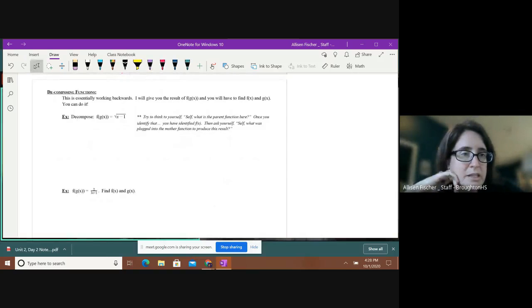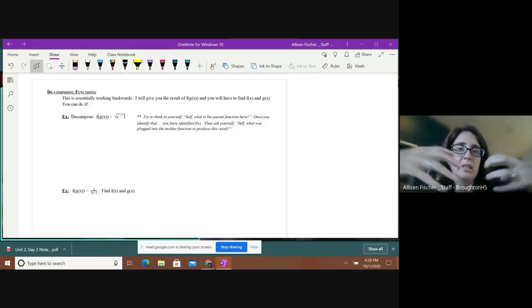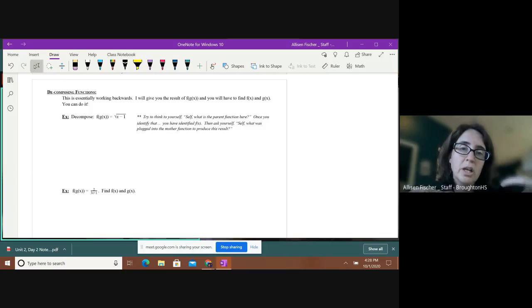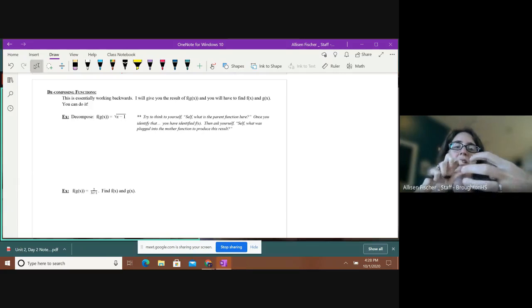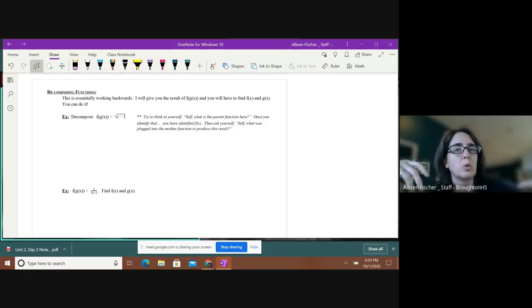All right. Decomposing functions. So decomposing is going to be the opposite of composing. Instead of putting functions together by putting the input into the other function, I now want you to take the function back out. So this is a situation where the functions have already been put together, and now I want you to figure out what the two functions were.